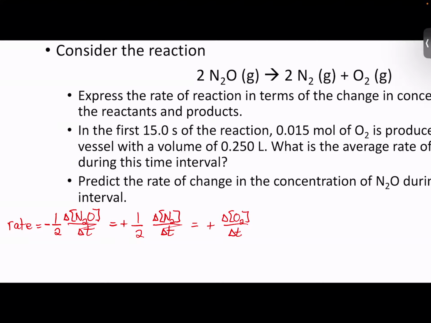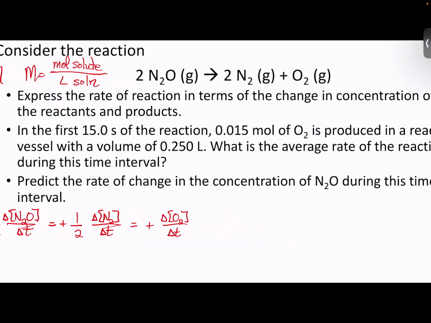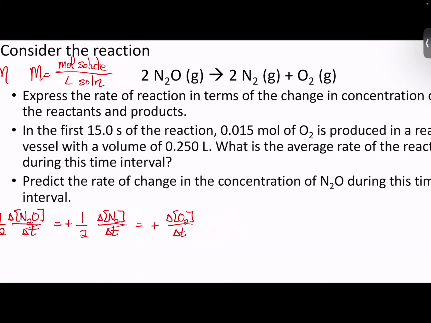The very first thing I want to make sure is, again, this means concentration, specifically molarity, and molarity is moles solute over liters of solution, just like you learned last semester. So since this is the oxygen, we're just going to take out just the oxygen portion.